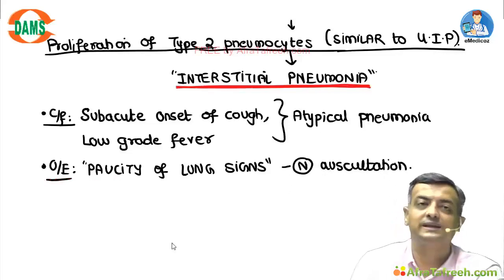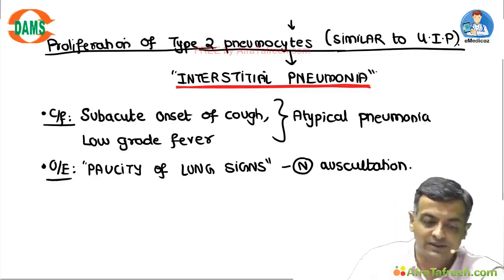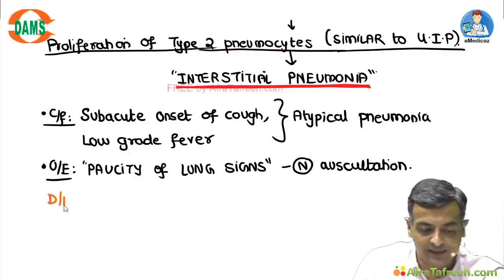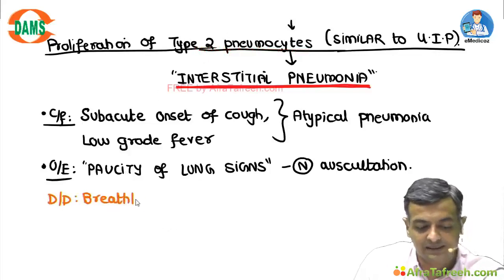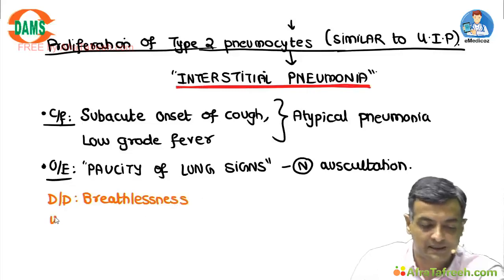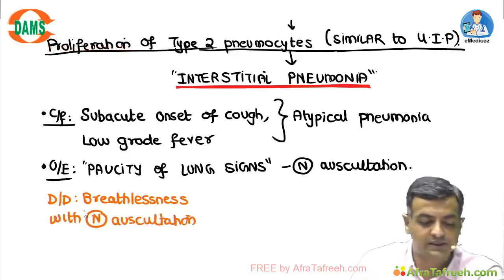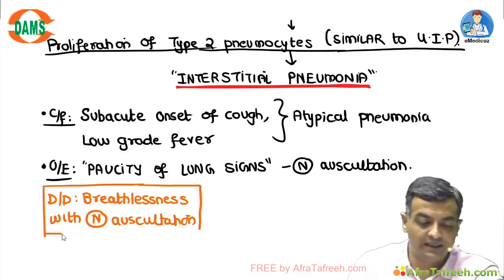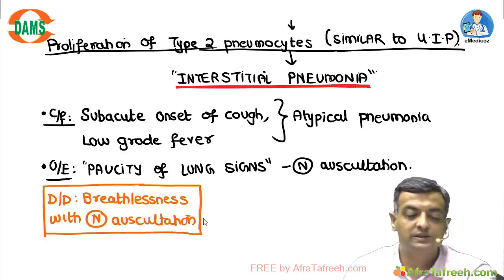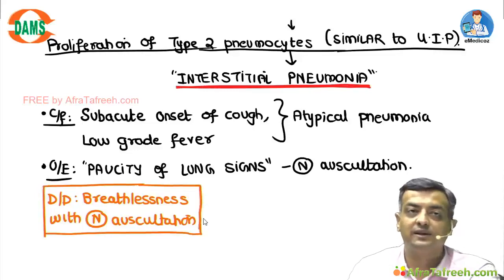So what are the differential diagnoses in a patient who is having breathlessness with normal auscultation? We must know this. This is a very typical finding in clinical examination. The patient is breathless but has normal auscultation.